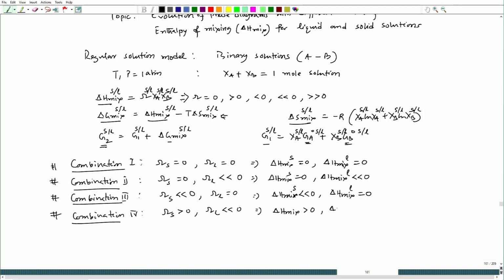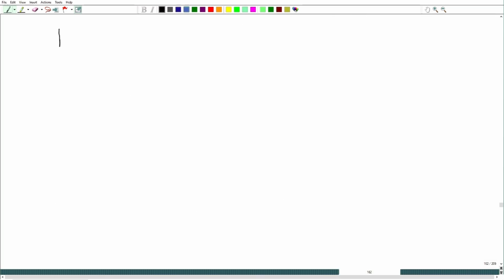Okay. So, first let us try the combination 1. In fact, we have done combination 1 before, but I will just repeat that, so that for other cases and non-ideal cases, it will be easy to understand. Now, first of all, what you have to do? You have to see the free energy temperature plot for pure metal.